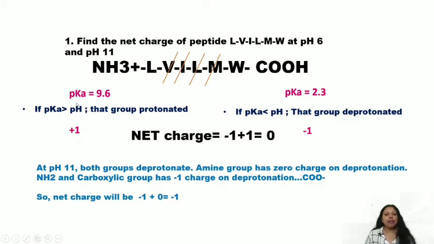Here the pKa is less than pH 11. So the amino group will have a 0 charge because it will deprotonate. Correct? So the net charge of the peptide at pH 11 is -1 plus 0 is equal to -1.